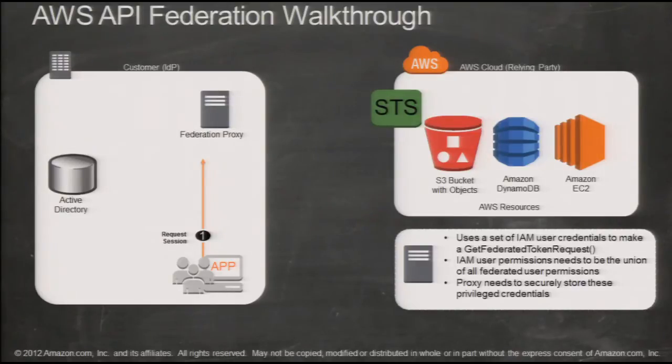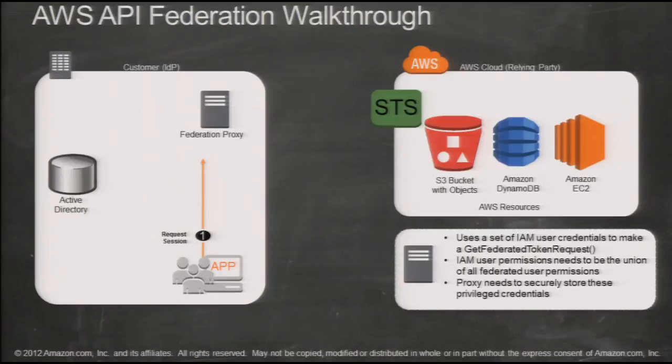So let's say that you have users who need to access EC2, you have users who need to access Dynamo, you have users who need to access S3. That IAM user is going to have the unified privileges of all of those. And if, say, you have users who need admin access, then that proxy account is going to need admin access. So this can become a pretty privileged account, and so you definitely want to secure those credentials on that proxy server.